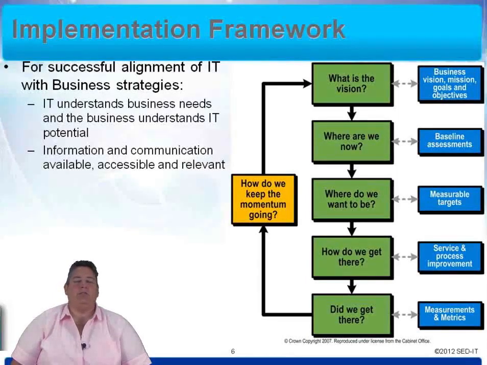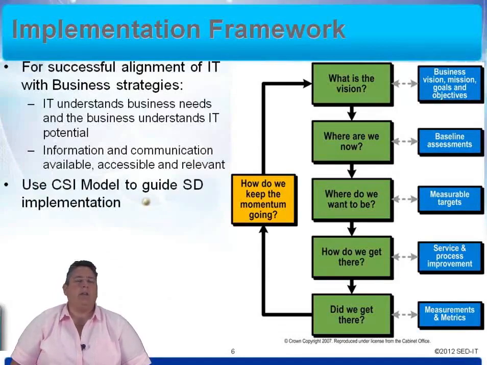So how do we go about doing all of those alignment activities as well as implement either service design or a service? Well, use the CSI model to guide this implementation. The CSI model is shown on the slide, and it's something that I've used many times as a consultant.